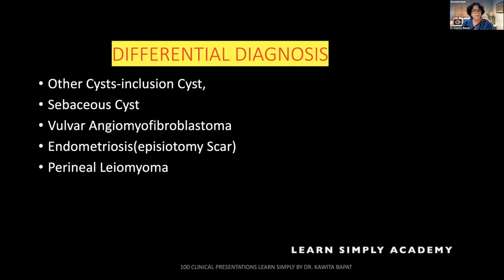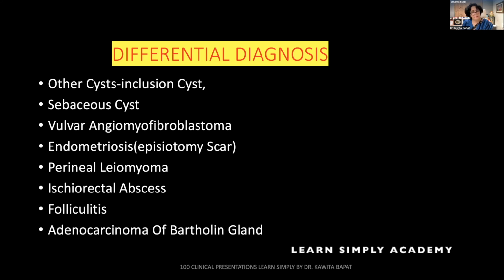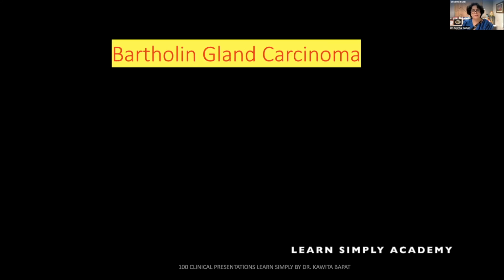Then there is a perineal leiomyoma, meaning a small fibroid or tumor on the perineal region, which we have to differentiate from Bartholin cyst. Sometimes there is an ischiorectal abscess draining outside, and there is a big abscess we can see. Then folliculitis, from a hair follicle, can happen at that location. And rarely, adenocarcinoma of the Bartholin gland should be considered.